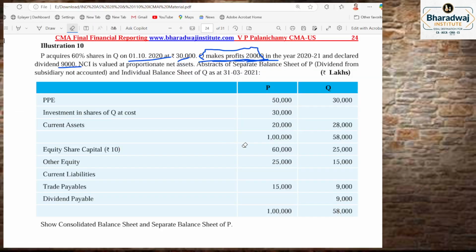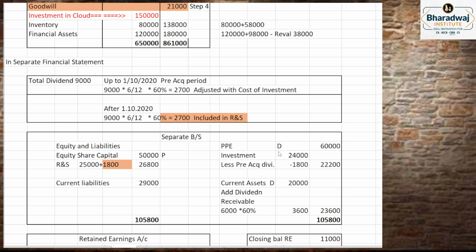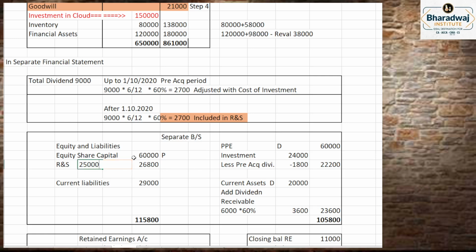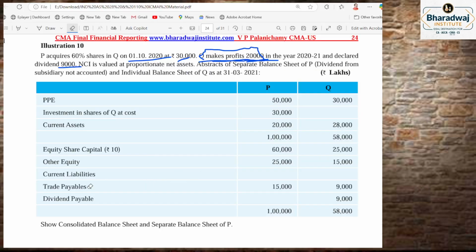So when you prepare a separate balance sheet, equity share capital of the holding company, how much? 50,000. Equity share capital, how much? Sorry, 60,000. Then reserves and surplus will be this 25,000 plus the dividend. What is the dividend? Then current liabilities, only the P Limited current liability will continue. How much?